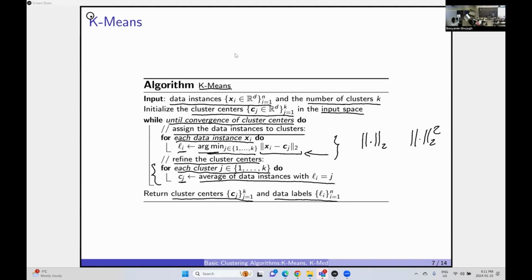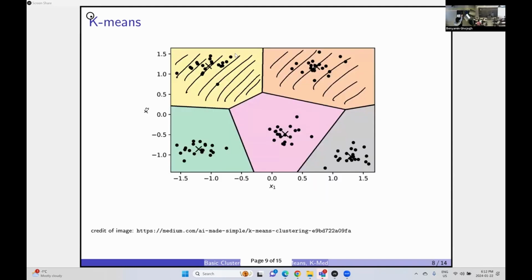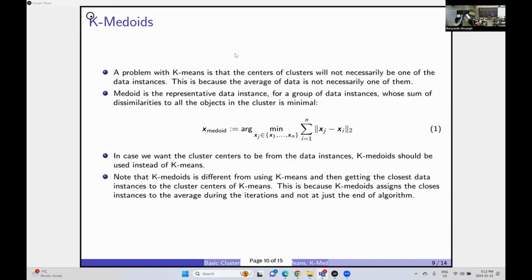We assign every point to its closest cluster center, and then we tune the cluster centers to be the average of the data instances assigned to that cluster. Intuitively, it makes sense to me, but it has a theoretical proof too for convergence. Okay. So that was K-means.